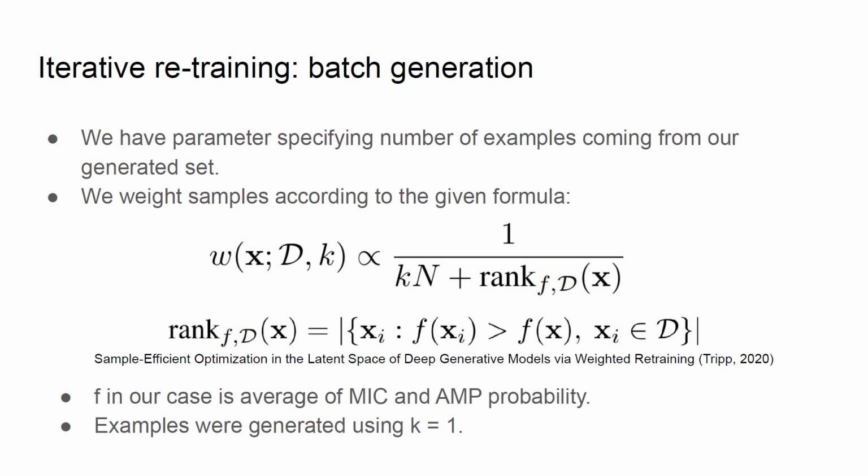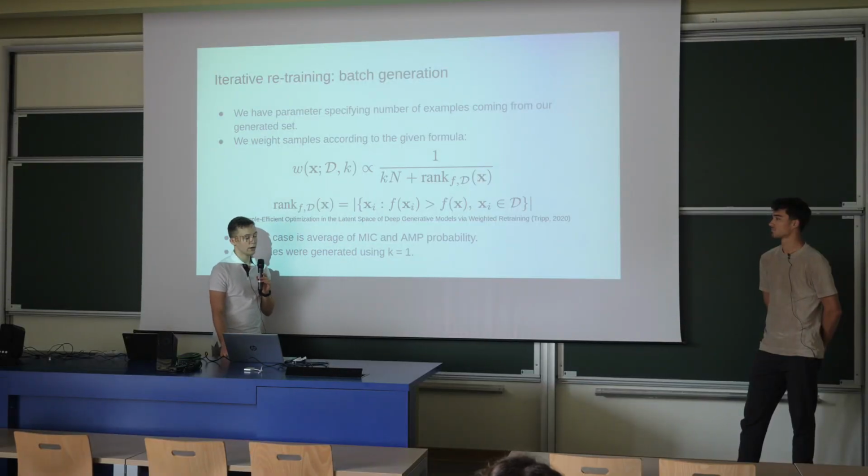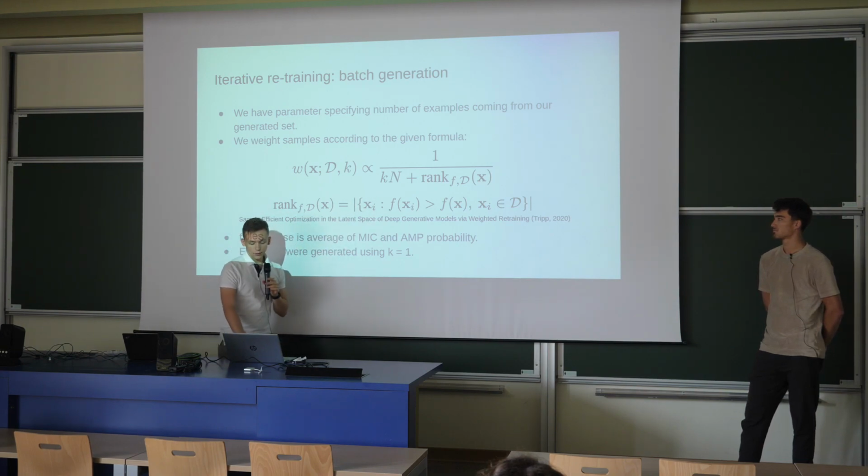Hence we use the formula as given, where rank is just how many better examples there are. So the lower the rank, the better the example, the higher weight it gets assigned. And in our training, we used this factor equal to 1. So the best example has weight 1 over n, just to not divide by 0, but that's an implementation thing.